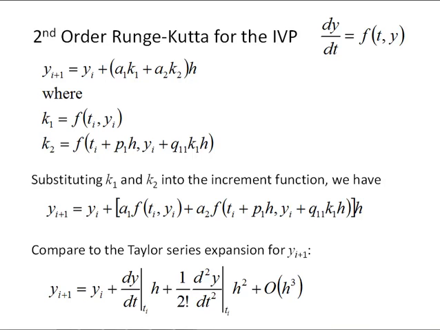We'll again start by solving an initial value problem, dy dt equals f of t, y. For a second order Runge-Kutta method, we're going to use a linear combination of two function evaluations. So we have a1 k1 plus a2 k2, all of that times h. This is our increment function again for our one-step method. Just like on the previous slide, k1 is going to be the function that defines the ODE evaluated at the ith time step.